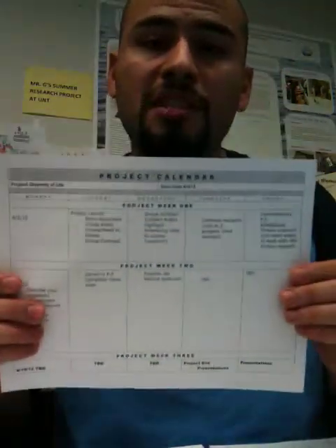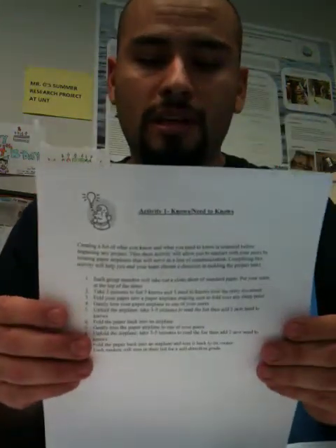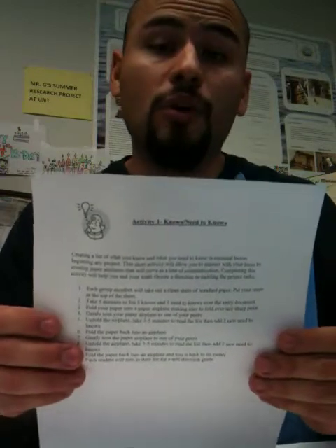I've put together a project calendar, so this is just a template. I'm 80% sure that it's going to change because of students' need-to-knows and what workshops they need. This is one of the first activities that I give them, an activity for the knows and need-to-knows.